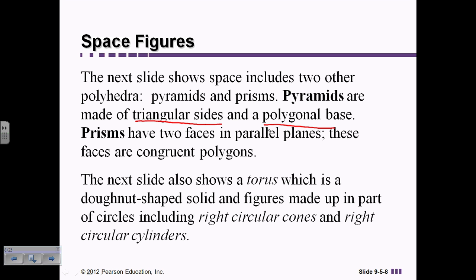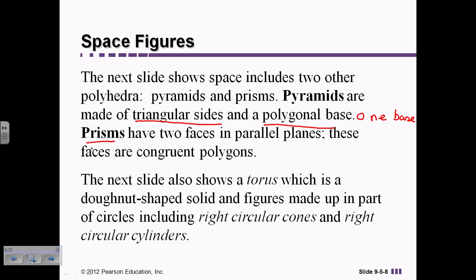If you think about the Egyptian pyramids, they typically have square bases and then triangles for the sides. With a pyramid, there is always one base. Again, think about a pyramid that you're familiar with.